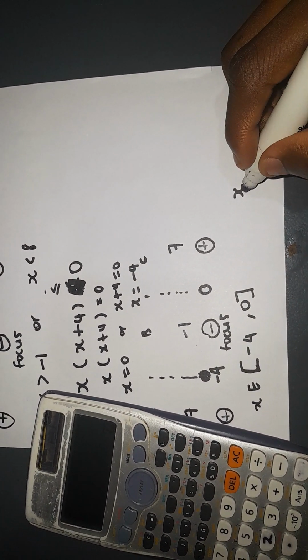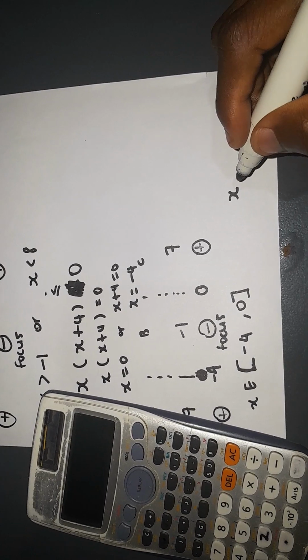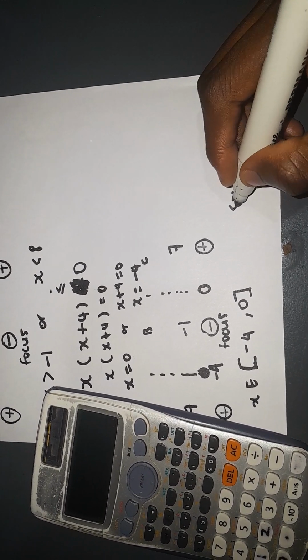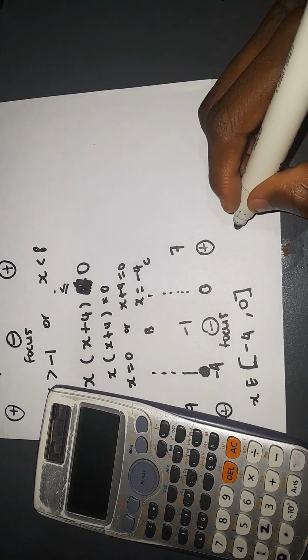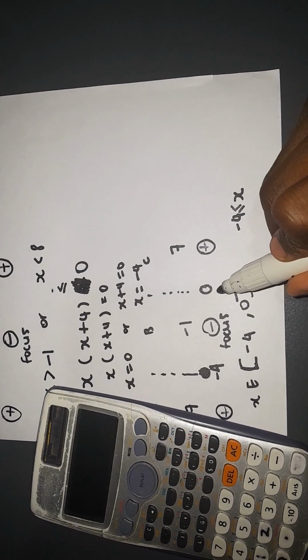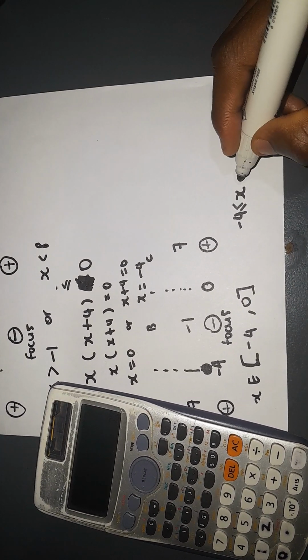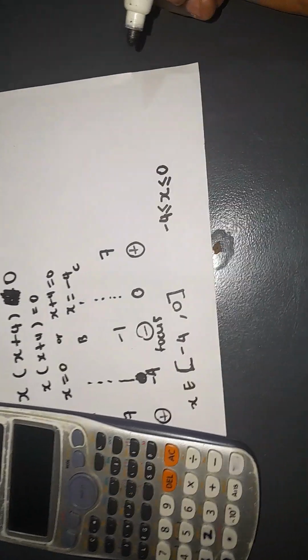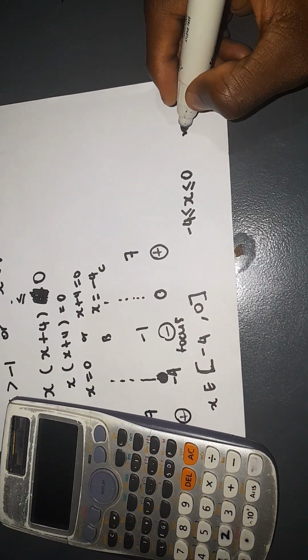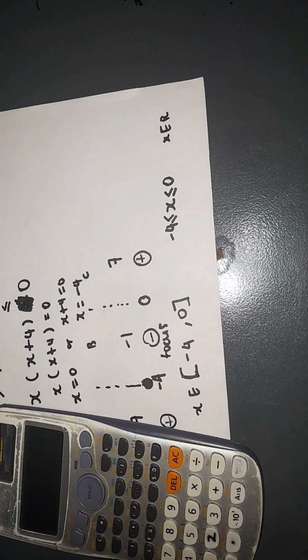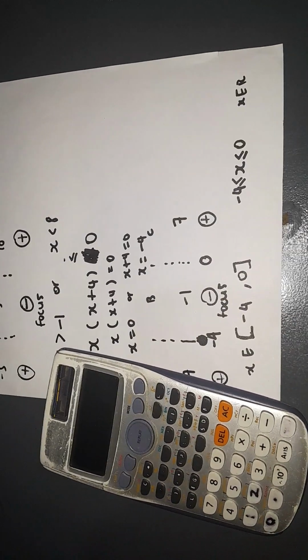So now, since x is our focal point, we'll say x must be greater than or equal to -4, and when it comes to 0, it must be less than 0. So that's how we do it, given that x is an element of real numbers. So this is how we tackle it.